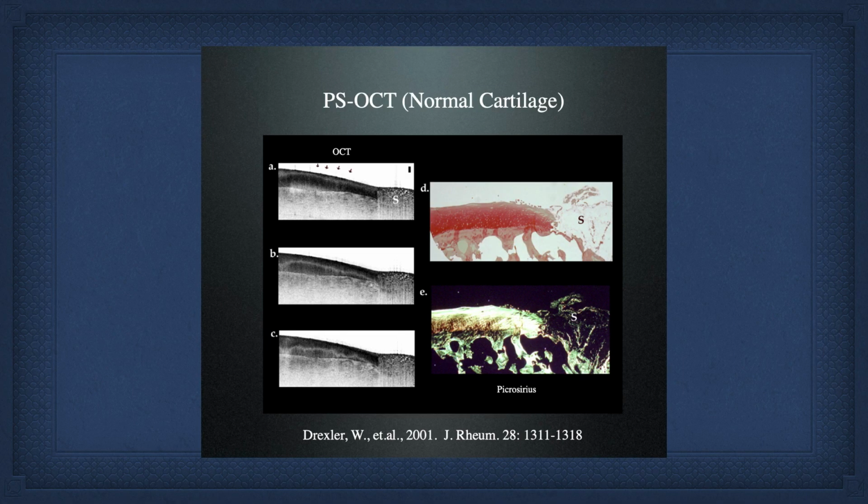So now, this is cartilage, and if we look at the lower right, the picrosirius is bright. It's loaded with organized collagen. And if we look at the 3 OCT images as we rotate the polarization, it is not as loaded with collagen as that tendon.